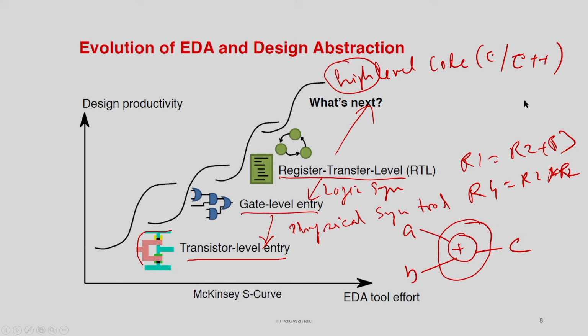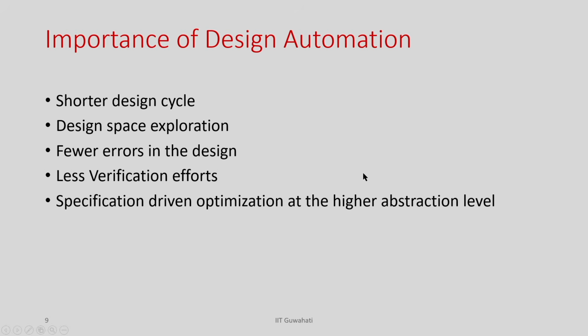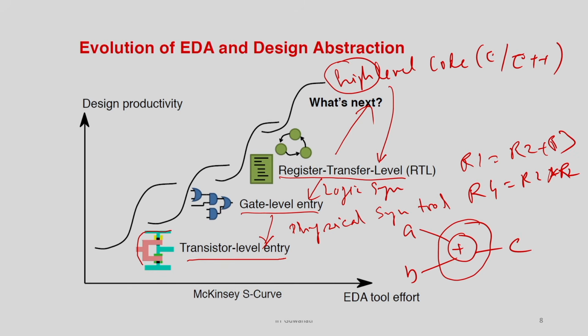and then you develop some software EDA tool that will convert this high level code into RTL code, and that is what is called the high level synthesis tool, high level synthesis, and that is what this course is about.